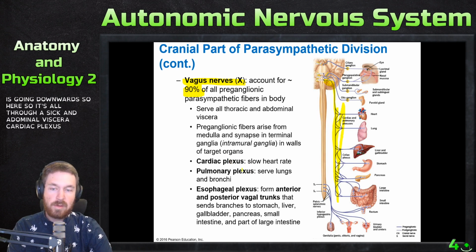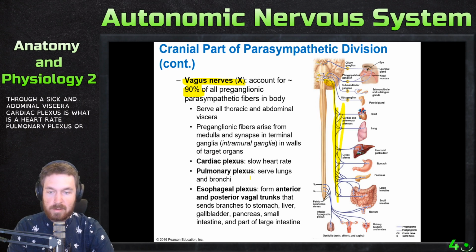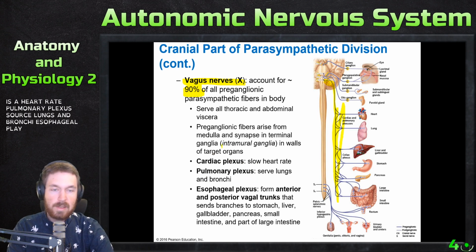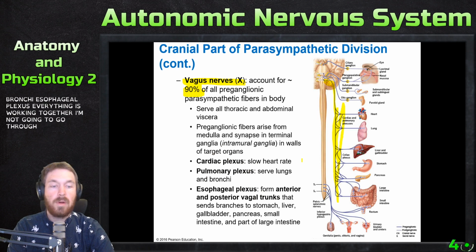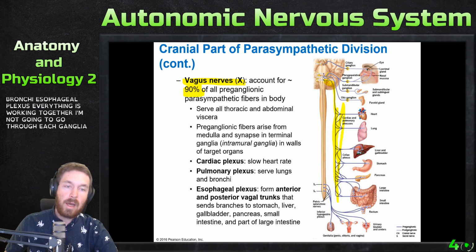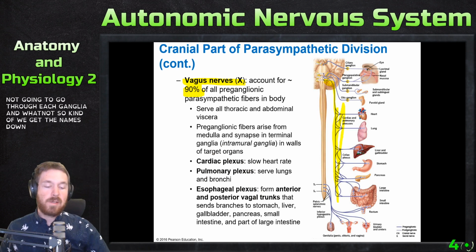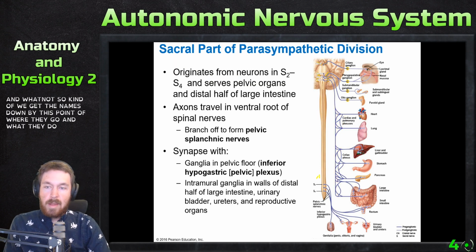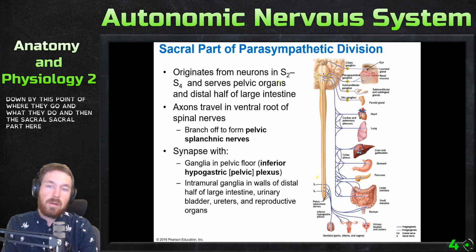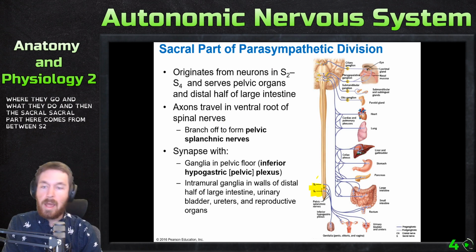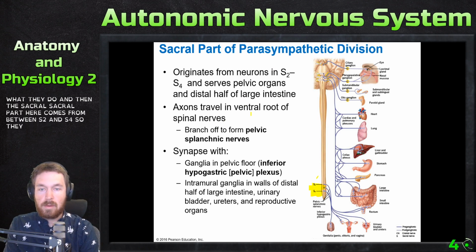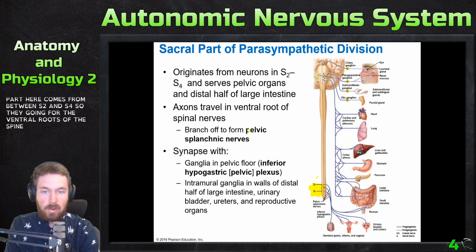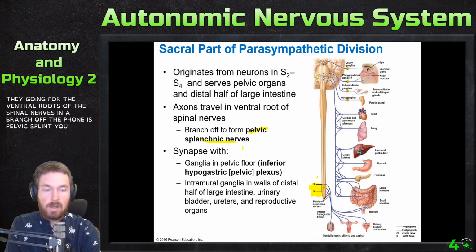Cardiac plexus is what slows the heart rate. Pulmonary plexus serves lungs and bronchi. Esophageal plexus, everything's working together. I'm not going to go through each ganglia and whatnot; we get the names down by this point of where they go and what they do. And then the sacral part here comes from between S2 and S4. They go through the ventral roots of the spinal nerves, and they branch off to form the pelvic splanchnic nerves.